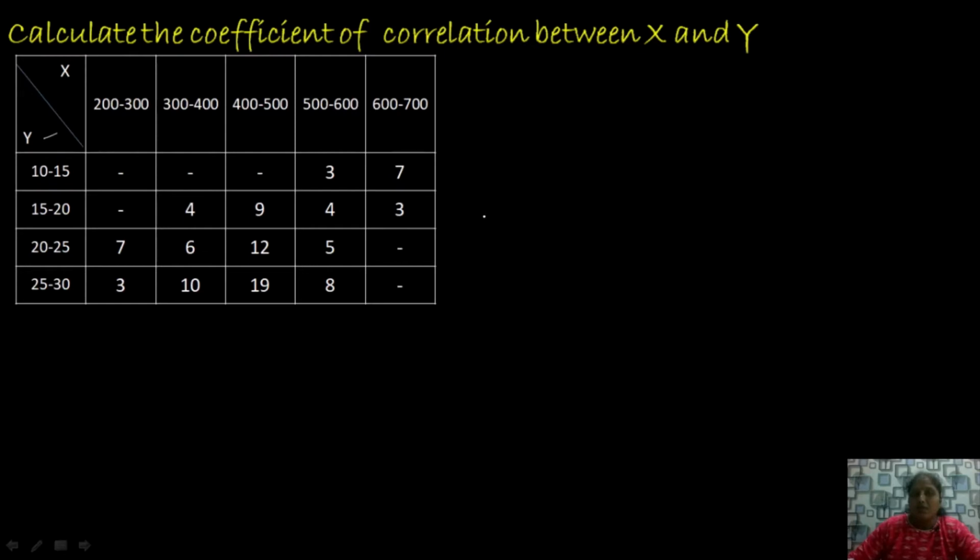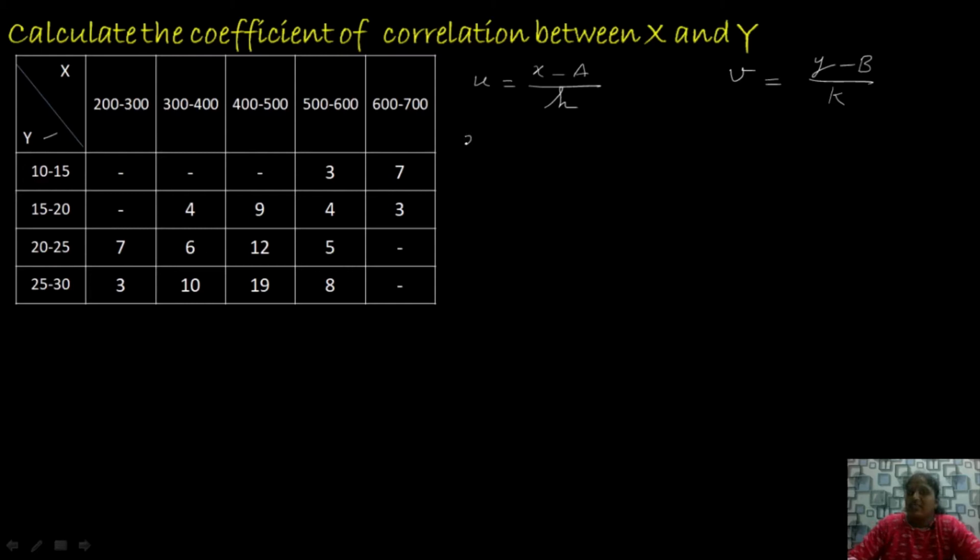What we are going to do first is change the scale and origin of x and y by transforming them into new variables u and v, defined as u equals x minus a over h and v equals y minus b over k.